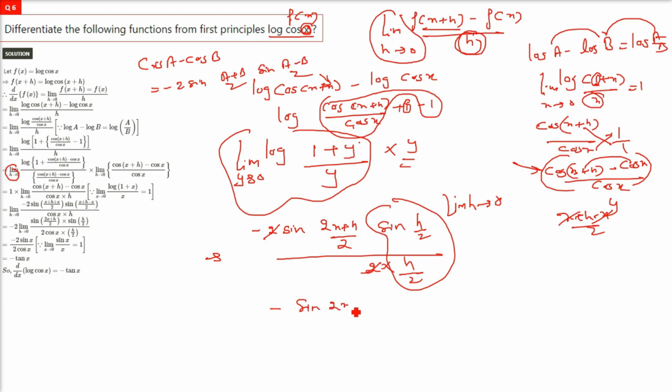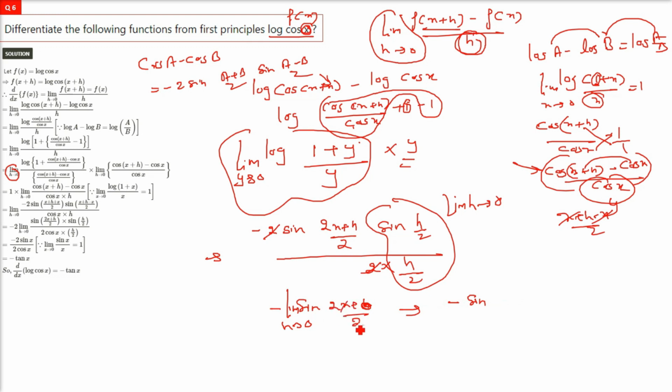2 gets cancelled. You have minus 2 sine (2x plus h) by 2. You can again apply the limit because you will not get any indeterminate value. So minus 2 sine, this h is 0, 2 gets cancelled. So you have limit h tends to 0, 2x, this 2 gets cancelled, you have x here. Alright, this is your sine x.